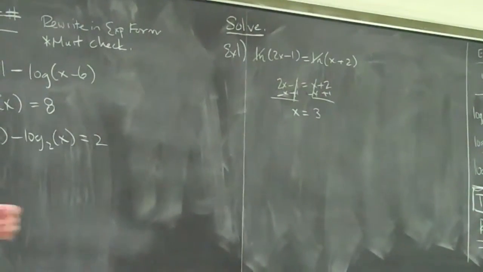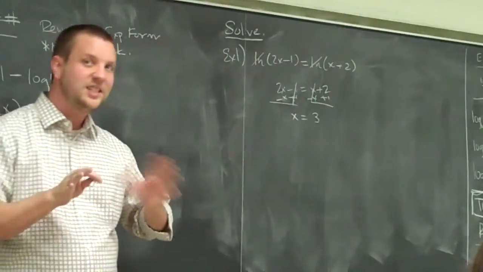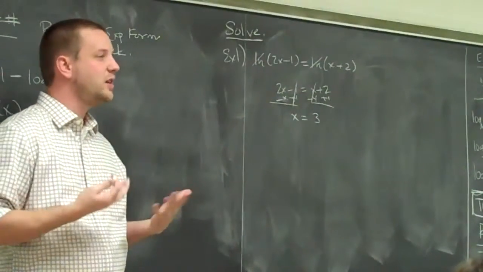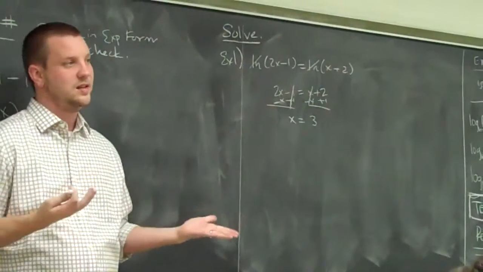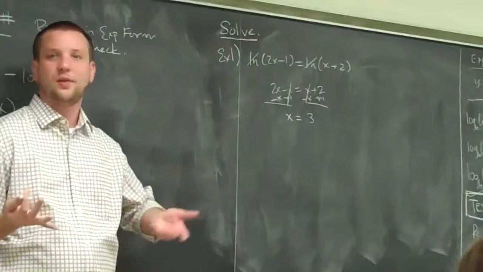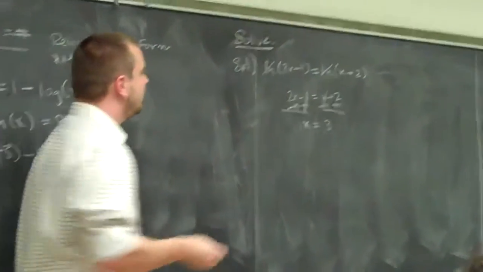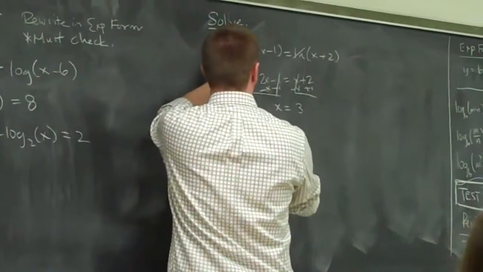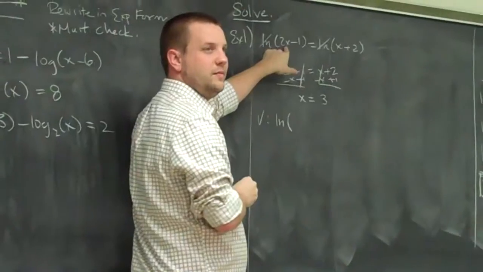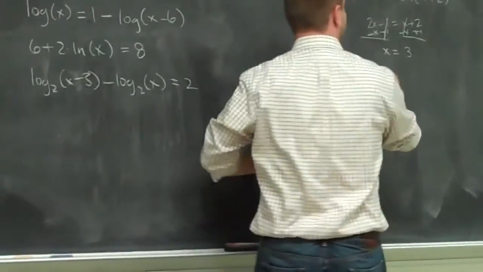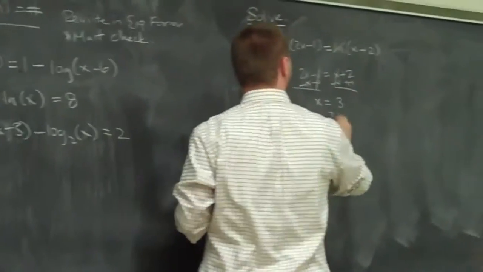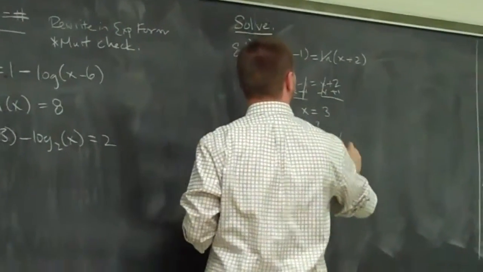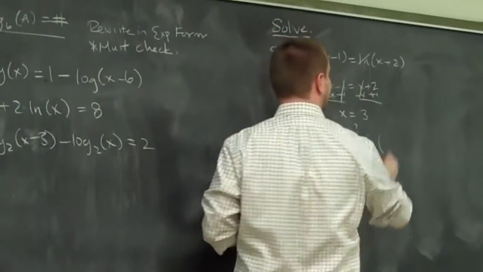I am not going to require you to show me the checking step like I did with the radical equations, but if you don't check it and you get a wrong answer, then you got the wrong answer. So as I check this, I plug in my 3. Does the natural log of 2 times 3, 6, minus 1, which is 5, equal on the other side the natural log of 3 plus 2?